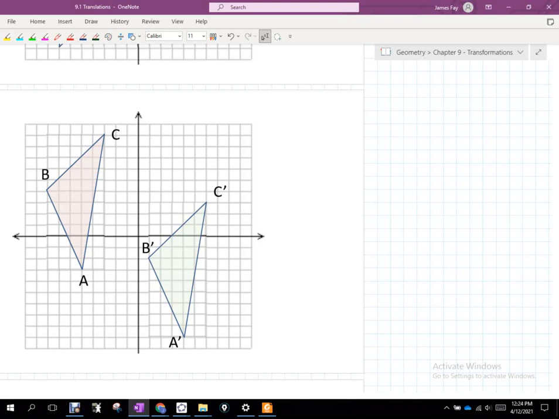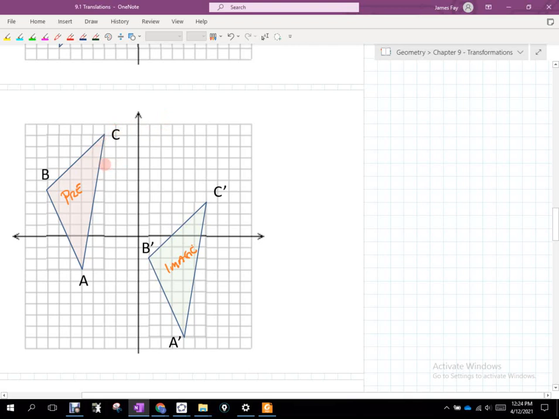Can you now tell me what this transformation is? Okay. So let's say that this is the pre-image, and this is the image. Okay, and they want you to write the rule. If there is only one translation happening here, this is pretty easy. Or I guess one transformation.